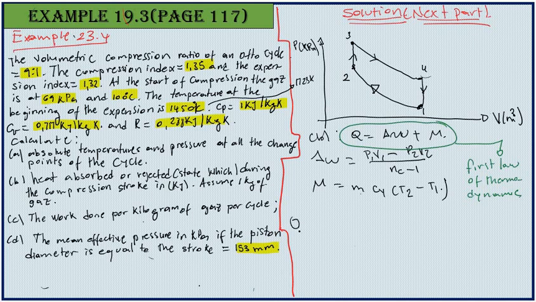So we're going to say Q is equal to, if we combine these two expressions, P1 V1 minus P2 V2 divided by n minus 1 plus M multiplied by CV T2 minus T1. The next thing to do is to replace P1 and V, so everything that is given here.